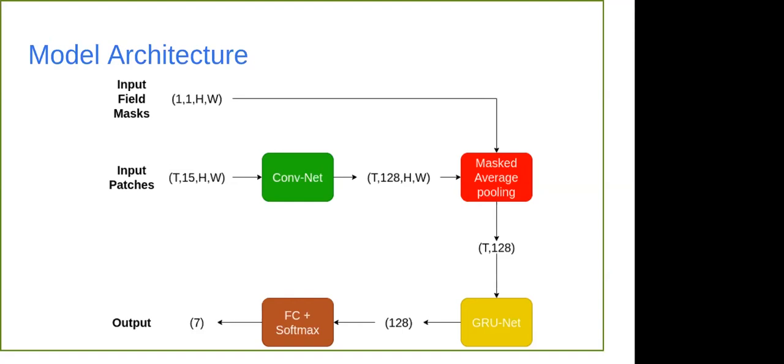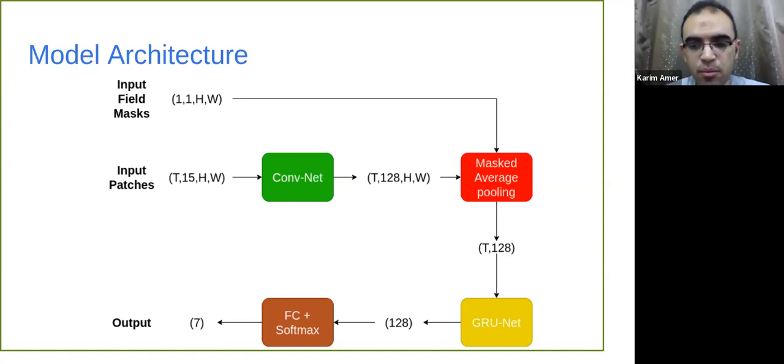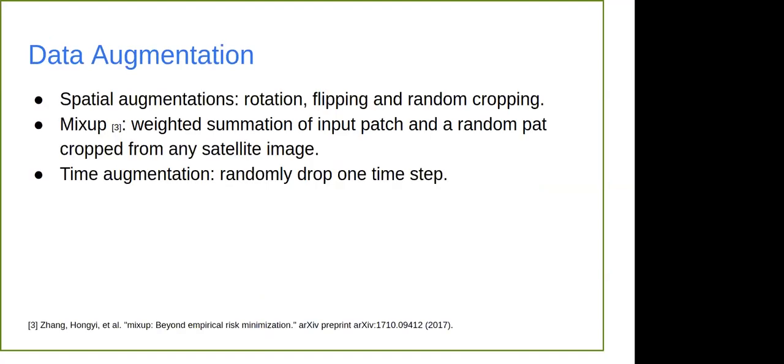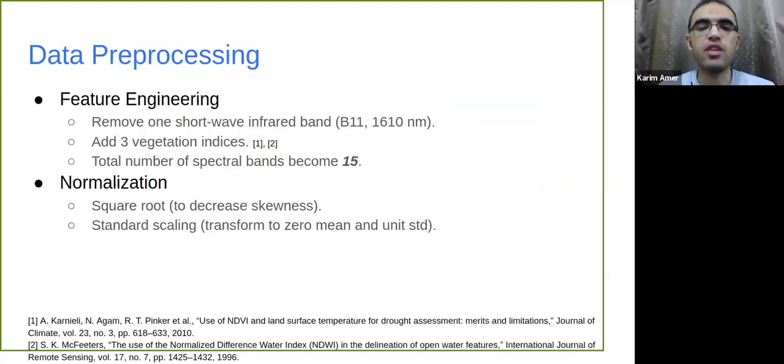So we have a question here: what are the three vegetation indices you used? Yes, the added ones, the three you added. So I added the normalized difference vegetation index, the NDVI. I added also the normalized difference water index, NDWI. The NDVI is a combination of the red channel and infrared channel.